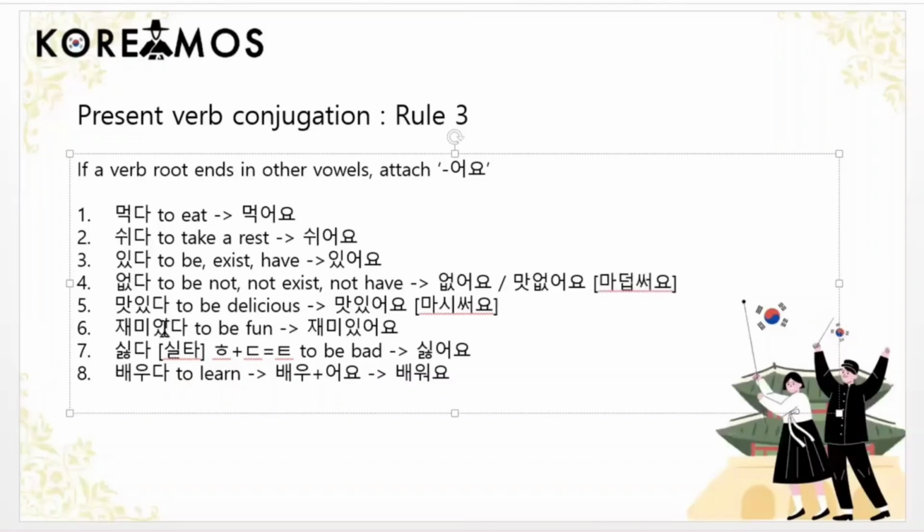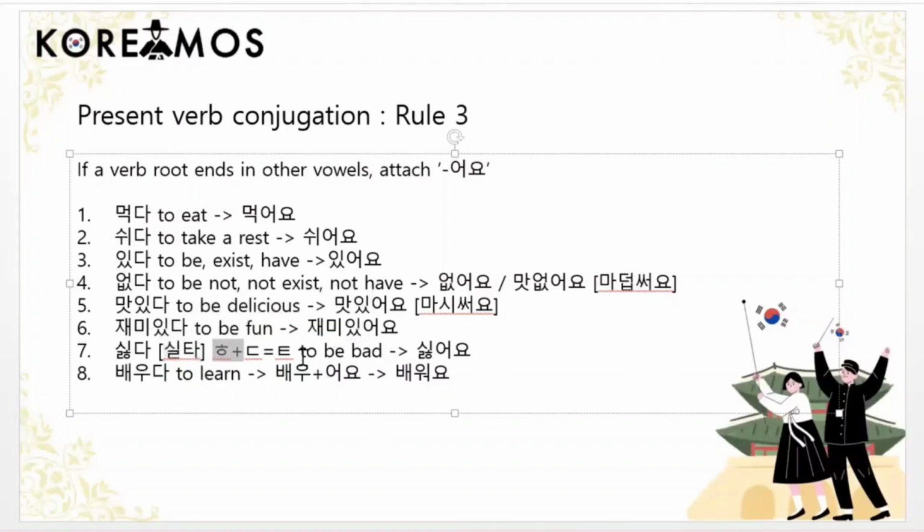Okay, and the next one is also a combination of 재미 plus 있다. 재미 is fun, so 재미있다 is to have fun, so it's to be fun. 재밌어요. It's very interesting, it's fun. And then the verb 싫다, also pronounced like 싫다, like 좋다.